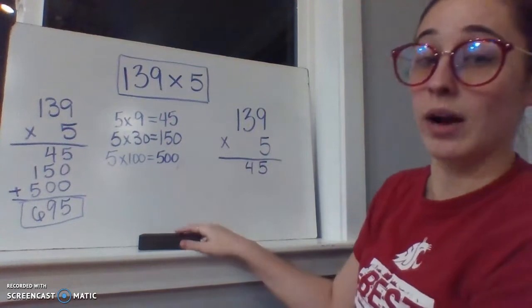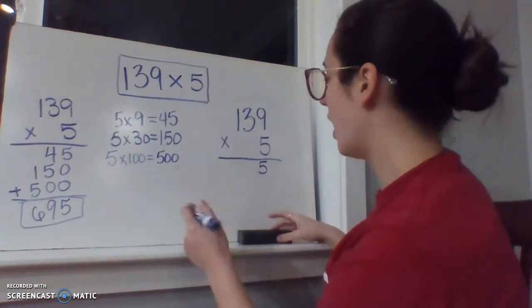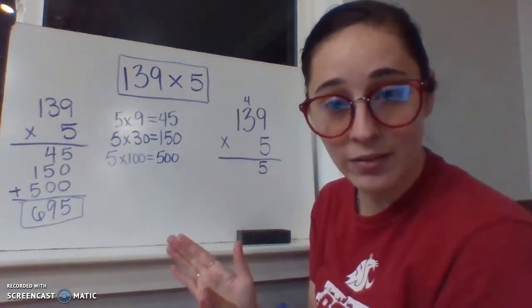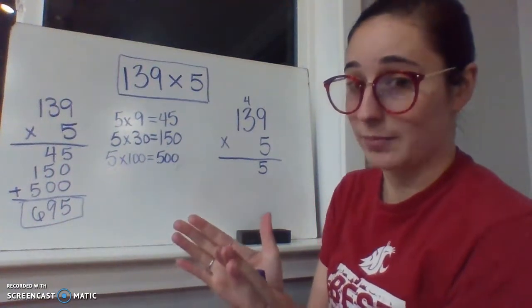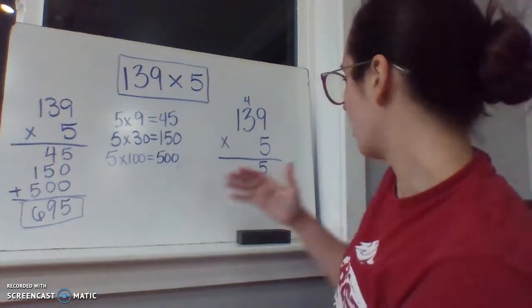So rather than writing the 4 there, I'm actually going to carry it over. I'm leaving it there for now. I'm going to come back to it. I'm not going to forget about it, okay? Because we still need to consider it in the next step, but we don't want it in the way.